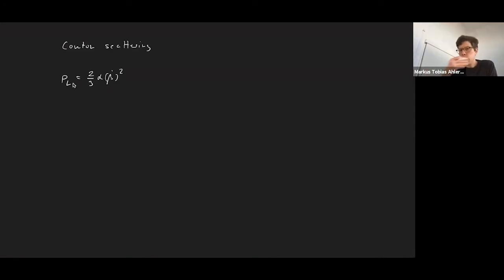But here I do not have constant acceleration along magnetic field lines. Here I'm looking at a scattering process in the non-relativistic case, where a photon scatters with an electron into a certain direction with a scattering angle theta. In the non-relativistic case, this is also called Thomson scattering.